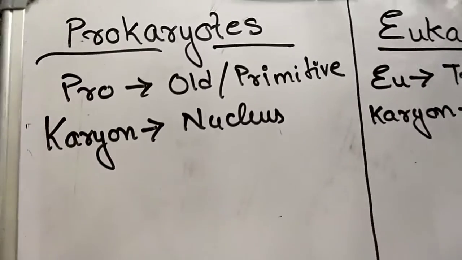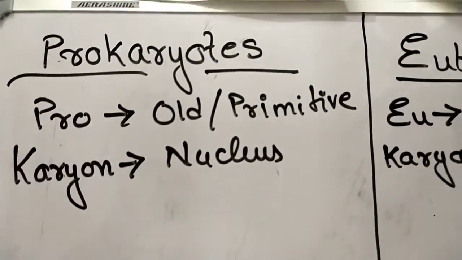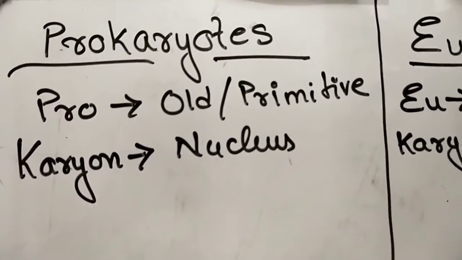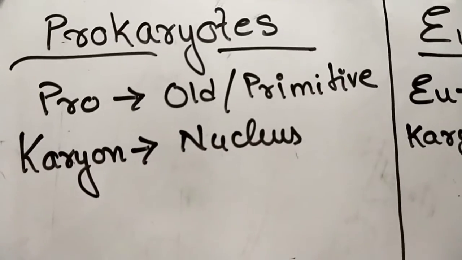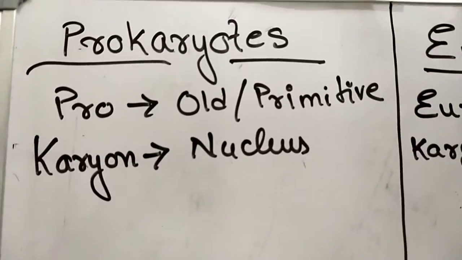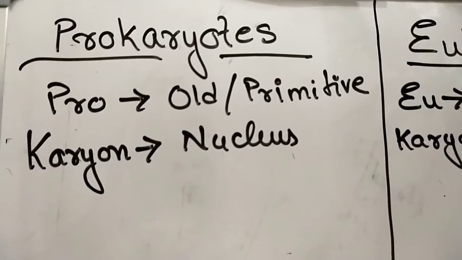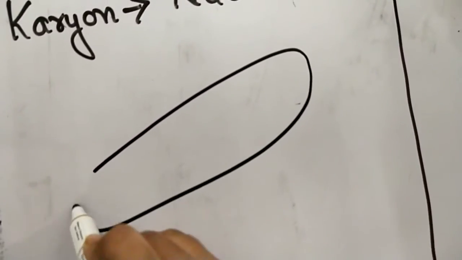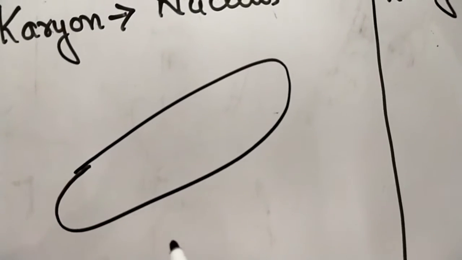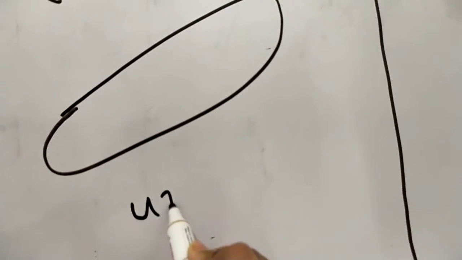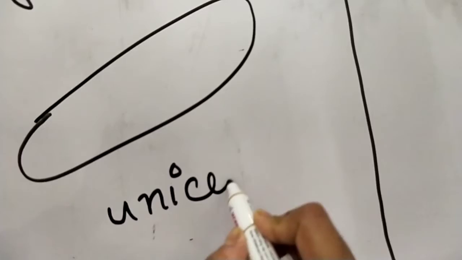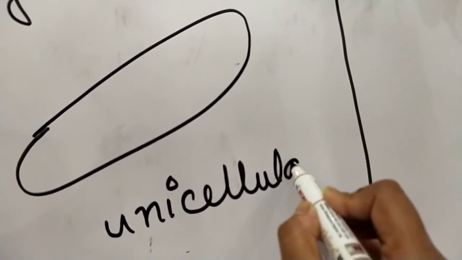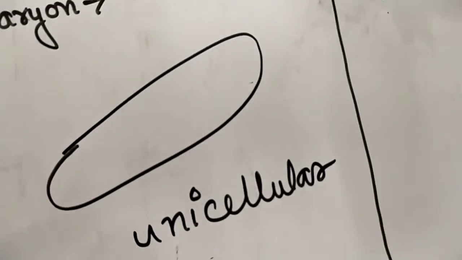Now let's come to what prokaryotes are. In some organisms like bacteria. Bacteria are a very old species of organism. So what happens in such an organism? This is the plasma membrane. We know that bacteria are unicellular. That means they have a single cell.